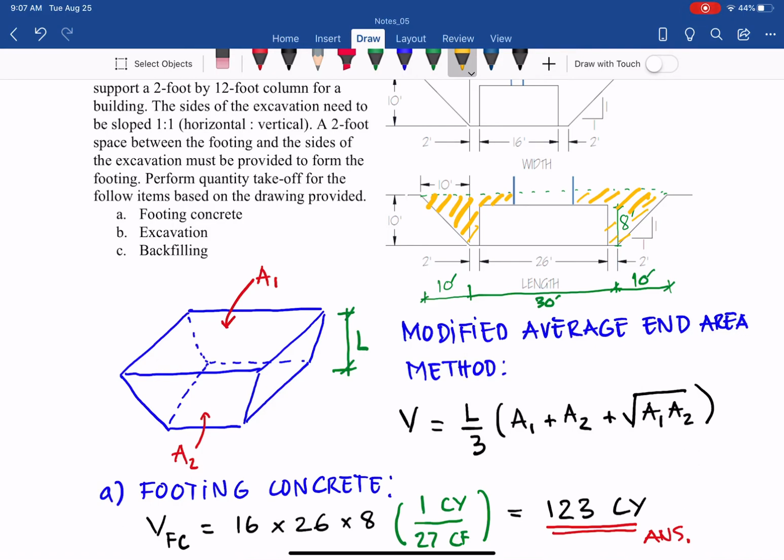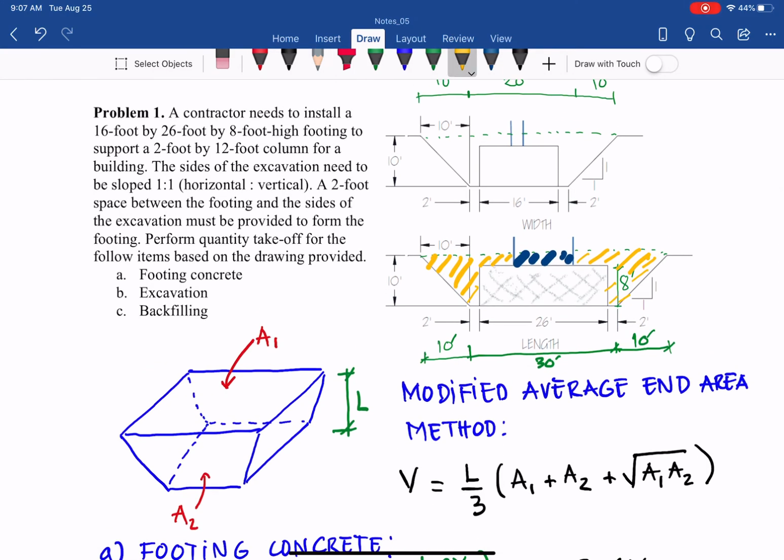So the column, as you can see there, you see the part of the column, and we also have to subtract the footing. And of course, similar for the top one, the backfilling is what we need, and we have to subtract the column and the footing.